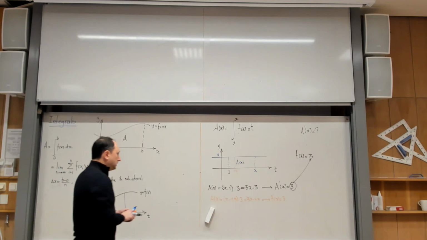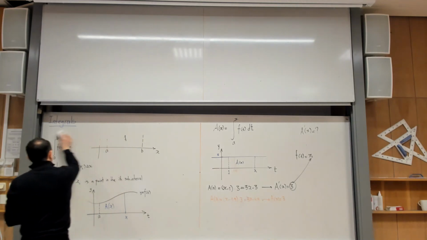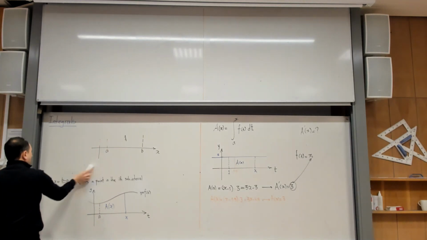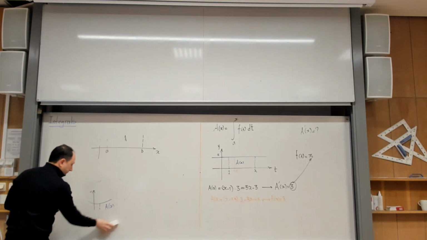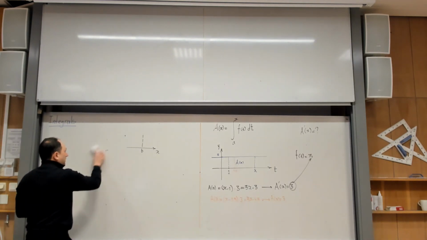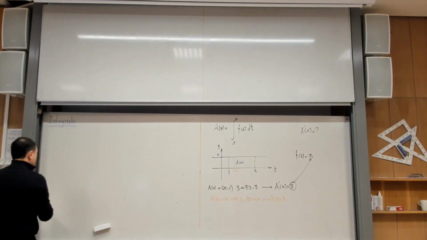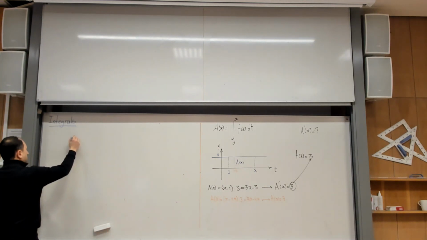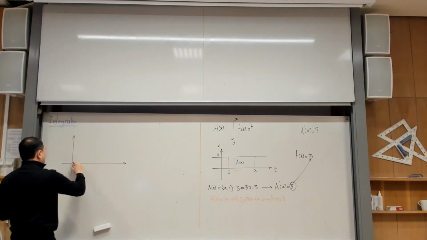Okay, so let me now choose another one that we can calculate. For example, let us focus on a triangle. For example, let me take this line this time. A line that passes through the origin.